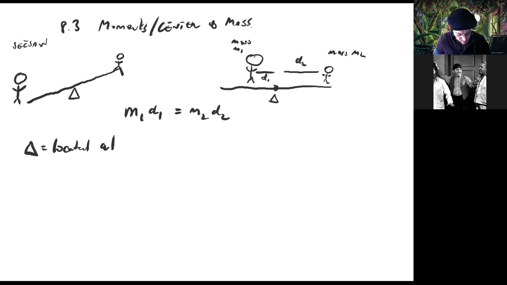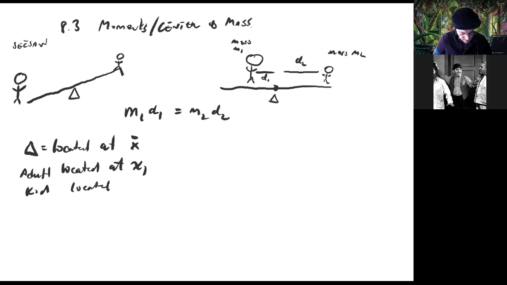Now, suppose the fulcrum is located at some point which we'll call x bar, which is the center of mass once the person is moved over, so it's balanced. And suppose the adult is located at point x1, and the kid is located at a point x2, and this is all on the x-axis.